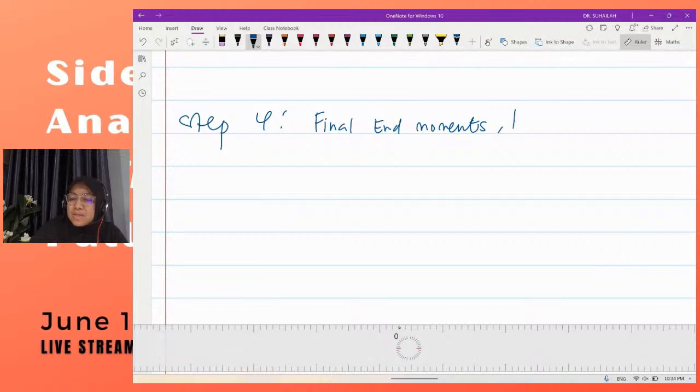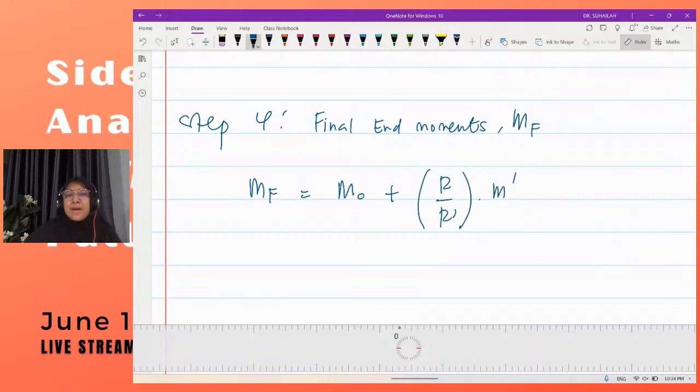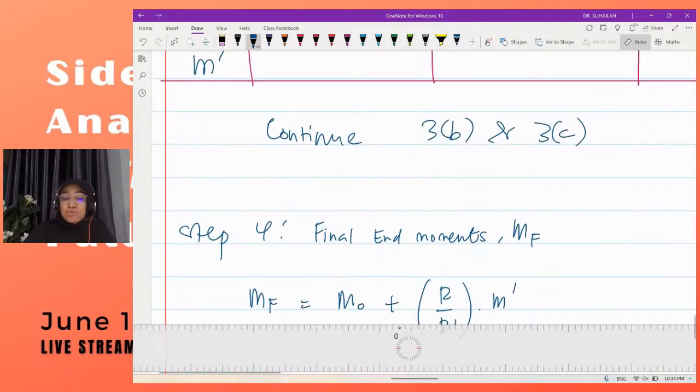Okay, the symbol is M final, and this M final is equal to M naught from table 1, plus correction factor R divided by R prime times M prime from table 2.